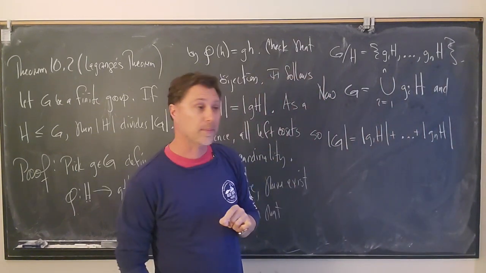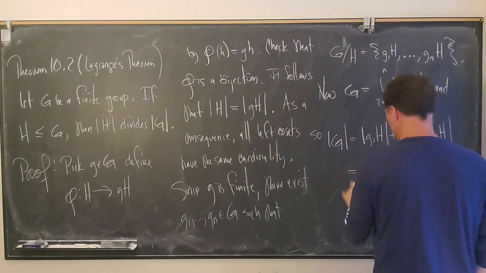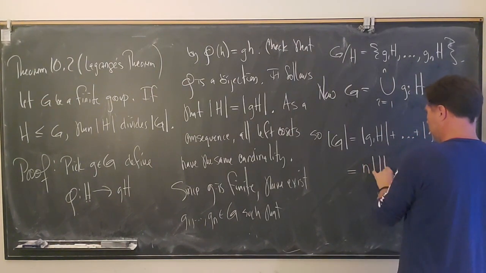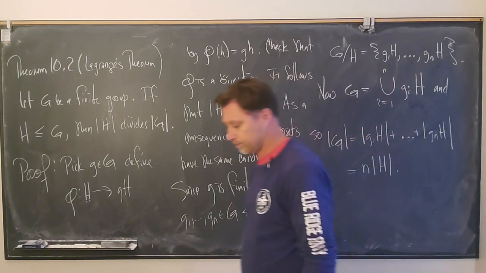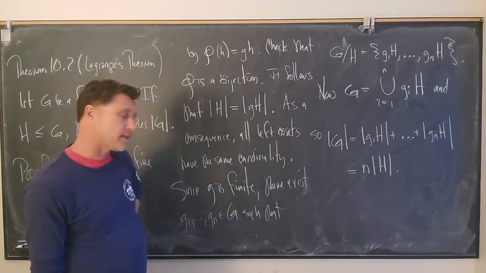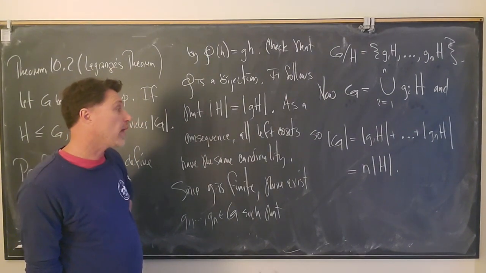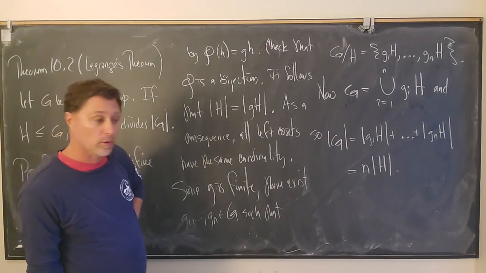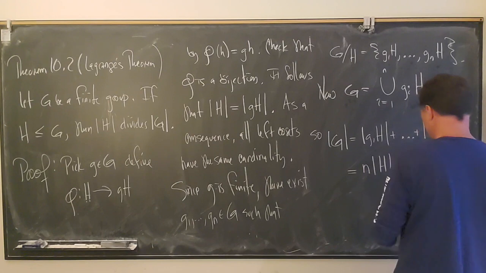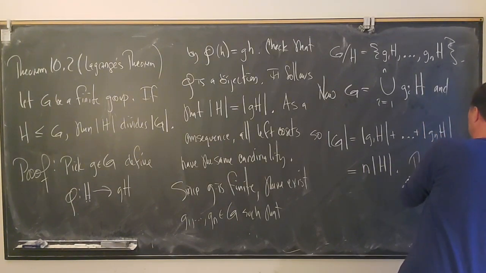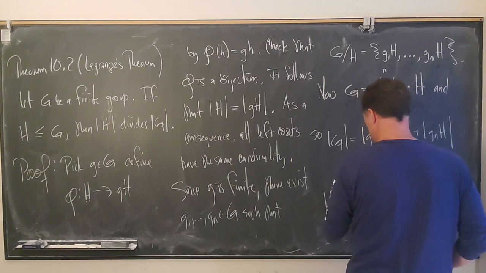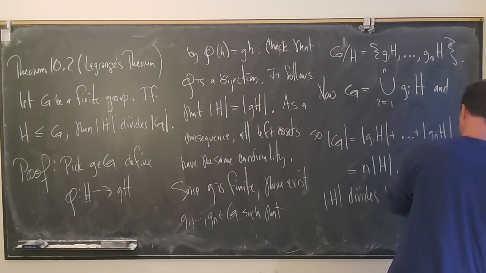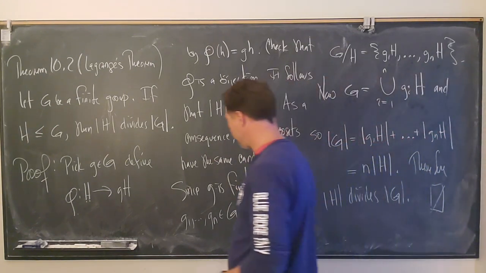But all of those have the same size, so this is equal to n, because there are n of them, times the order of H. That's exactly what we needed. We wanted to show that the order of H divides the order of G, which means that the order of G is a multiple of the order of H. That completes the proof, so we can say, therefore, the order of H divides the order of G.